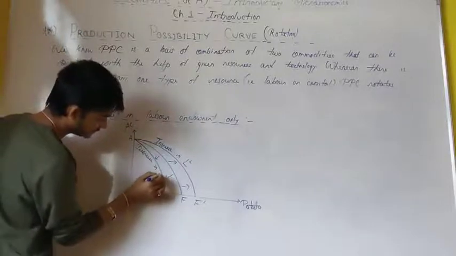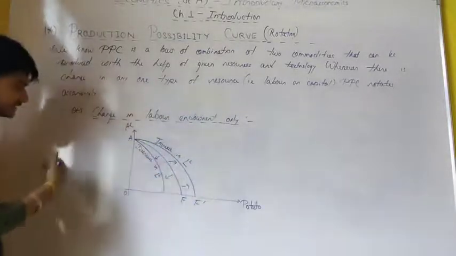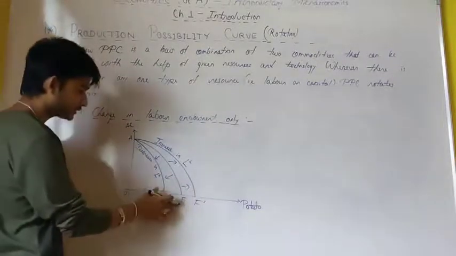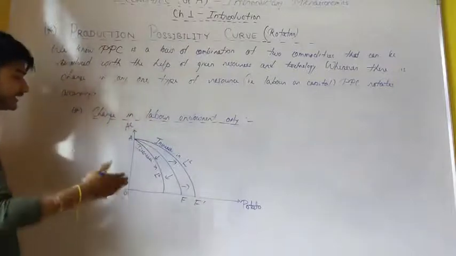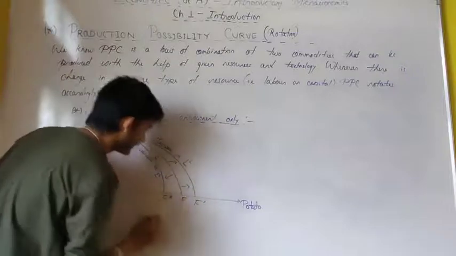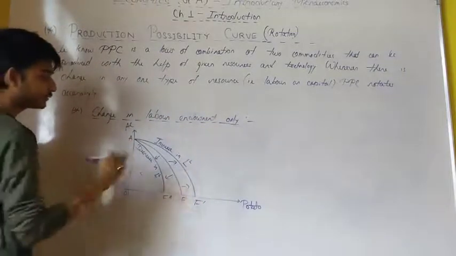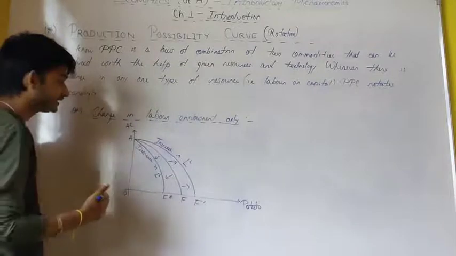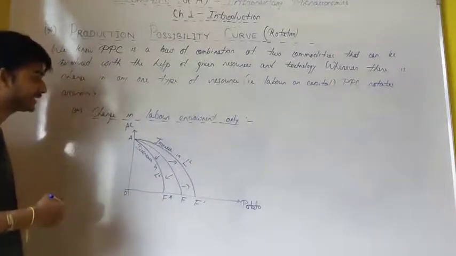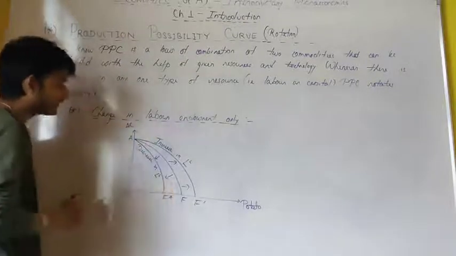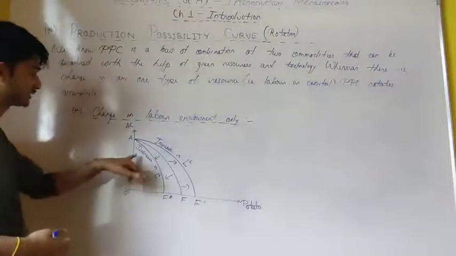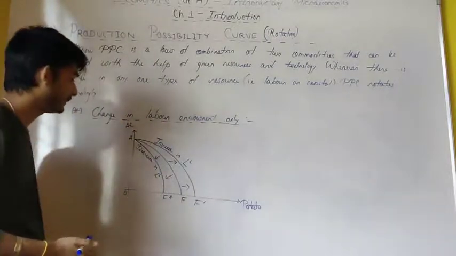in L. As there is decrease in labor endowment, the initial PPC, which was our AF curve, rotated inside way to AF star. AF dash is associated with the outward rotation, which is associated with increase in labor endowment, and AF star is associated with inward rotation, which is associated with decrease in labor endowment.